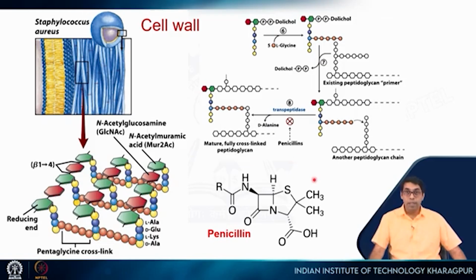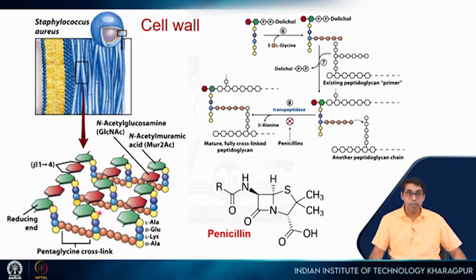Penicillin is an antibiotic which inhibits this transpeptidase. We have already seen enzymes, and that there are inhibitors which can form covalent linkage with the enzyme. Penicillin forms a covalent linkage with this enzyme and completely blocks it. If this enzyme is blocked, no cell wall synthesis can happen.